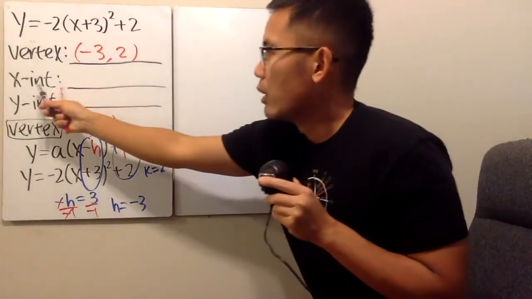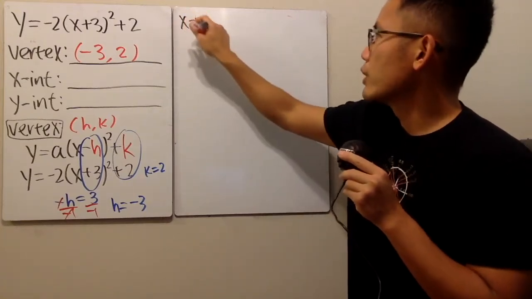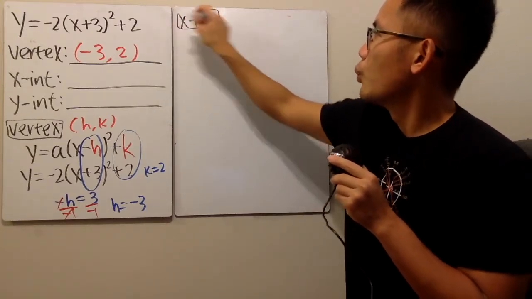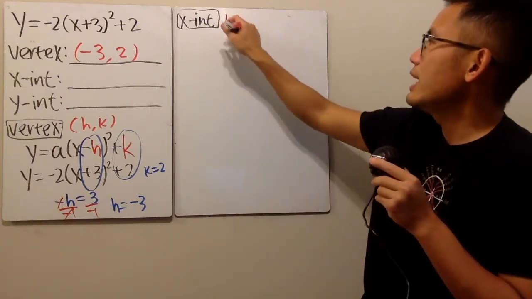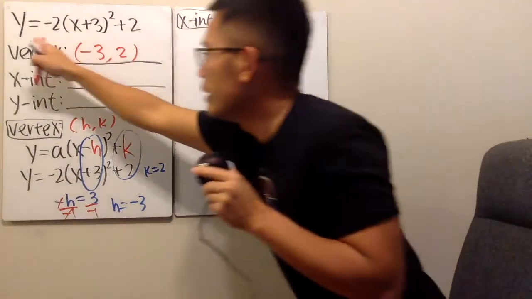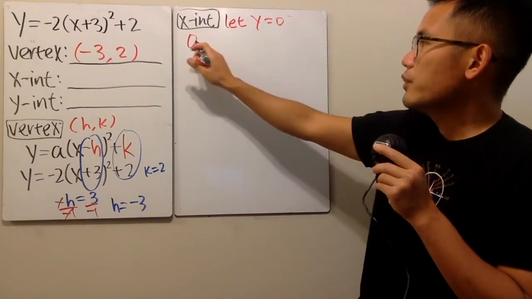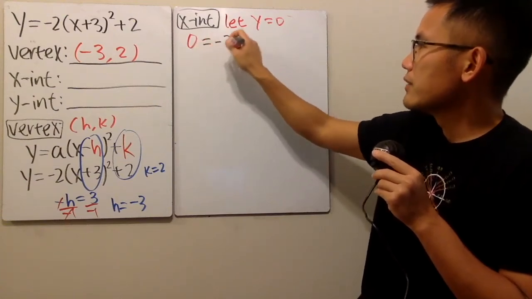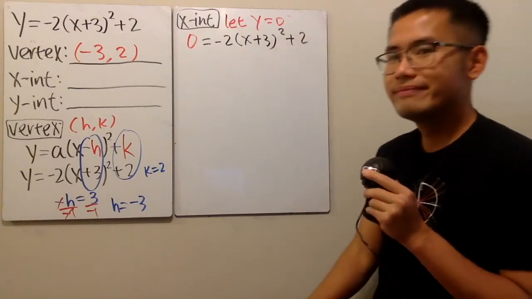All right, now next, the x-intercept. Well, remember, whenever we're trying to find the x-intercept, what are we supposed to do first? Yes, go ahead and let y be 0. Then you put the 0 into the y, and then you solve for x, right? Therefore, we have y equals -2 times (x plus 3) squared and then plus 2.